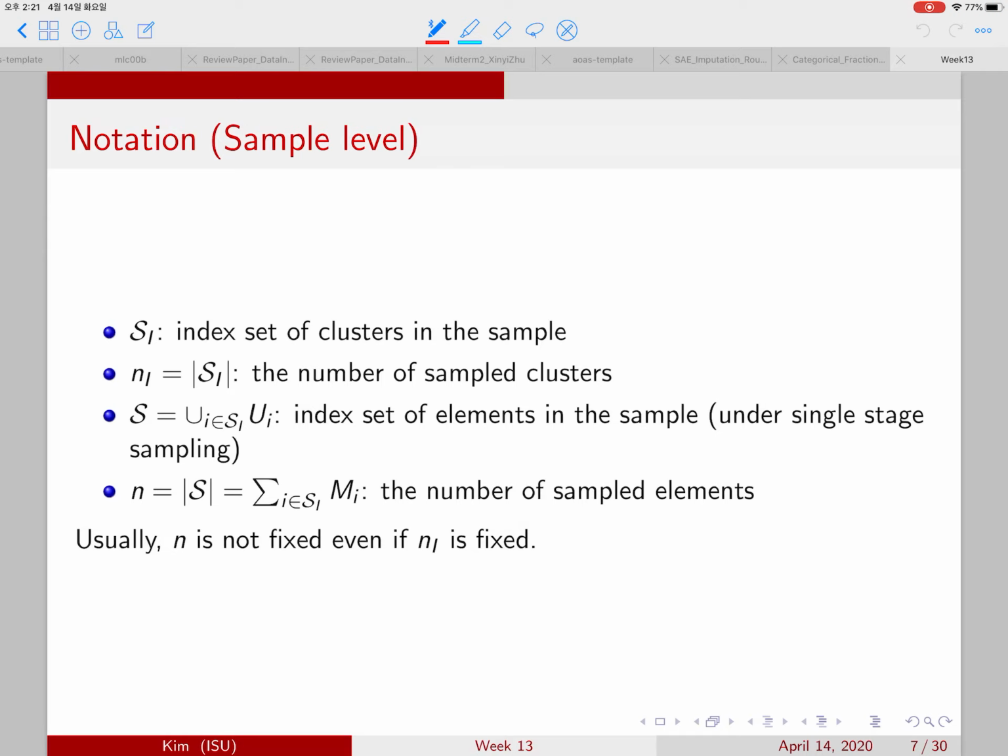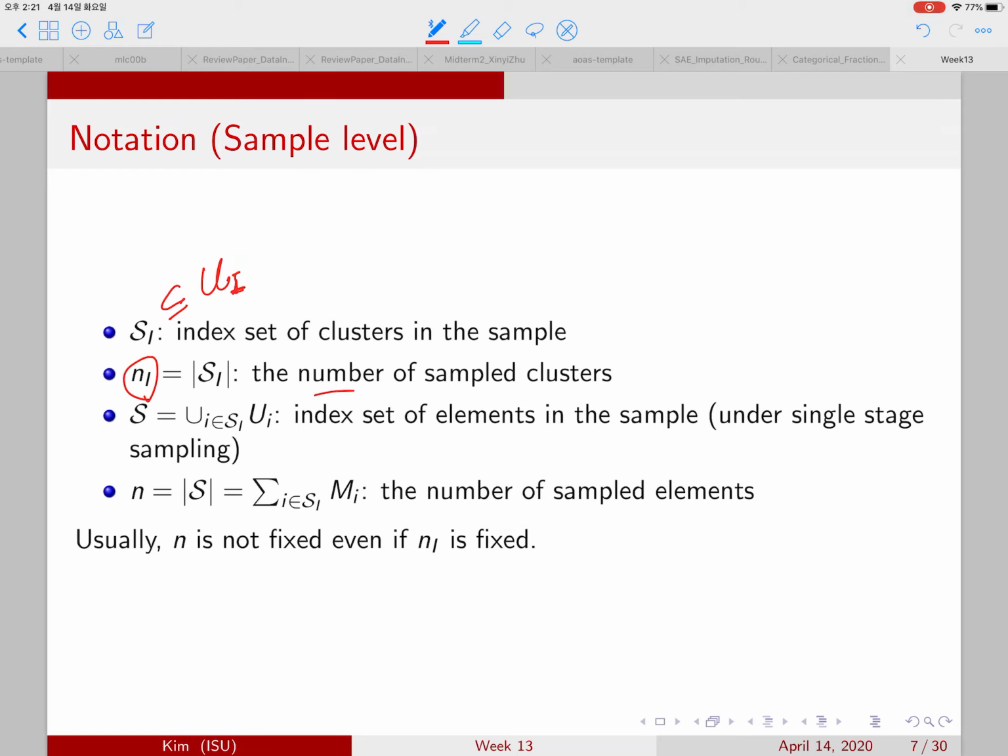Now we introduce additional notation at the sample level, from the cluster population U_I. We select a sample of clusters, and small n is the number of sampled clusters, and the sample is the index set of the elements in the sample, that is the union of the U_i's.